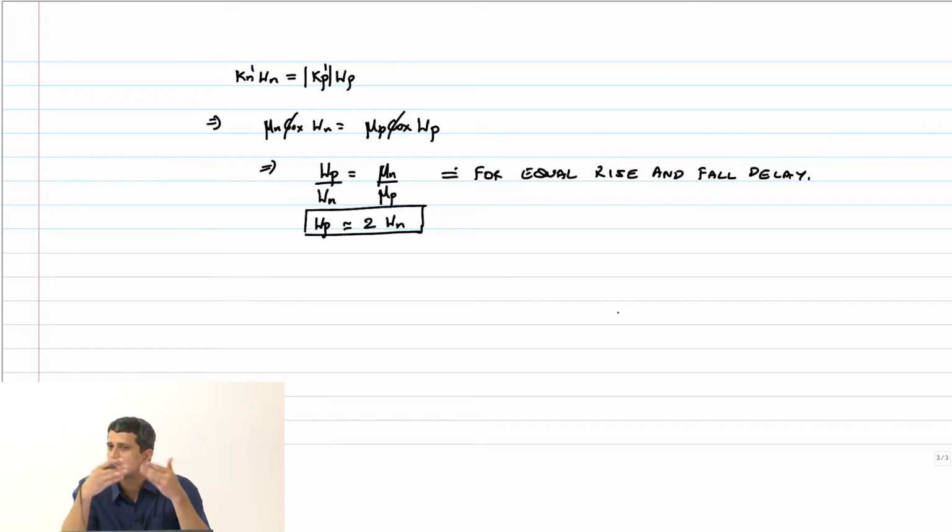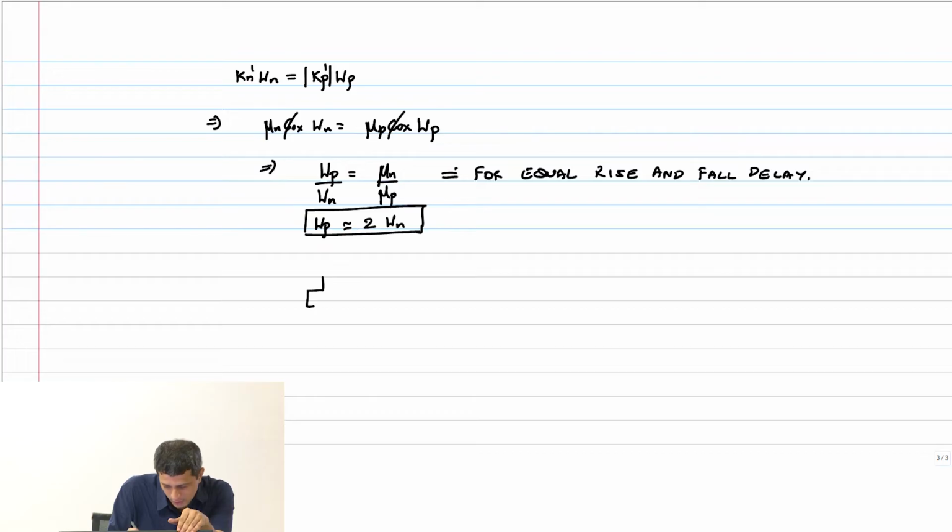Of course, if your technology is very different, VD sat, VTN, they are all very different, then you have to take the ratio of the ID sats in order to find this appropriate sizing, okay? Any questions here? So, this 2 is a sort of a magic number that will be used. So, just to clarify the sizing convention.